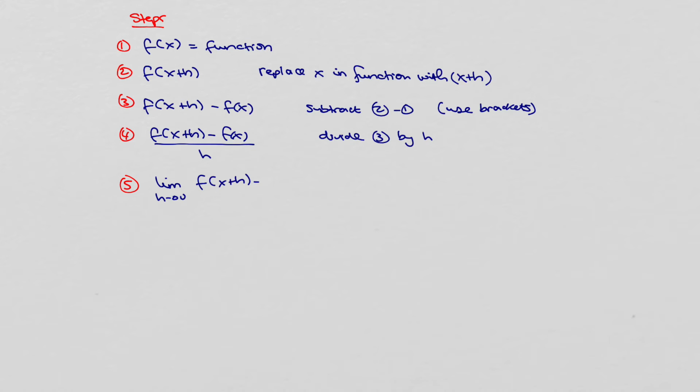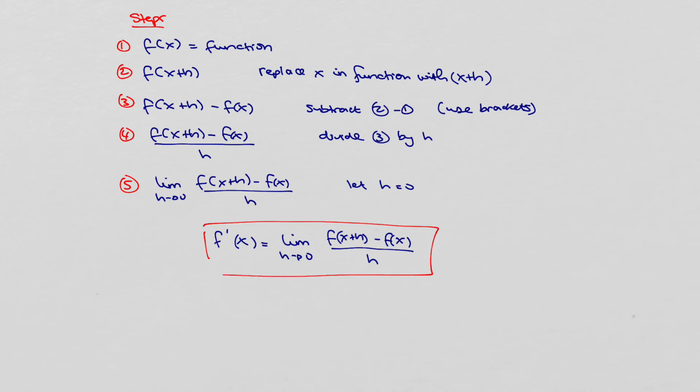And we must write out these 5 steps every single time. And then the answer is our first derivative. So once we've replaced h with 0, whatever we're left with is referred to as our first derivative, f dash x, and that represents the slope of the tangent to the curve.